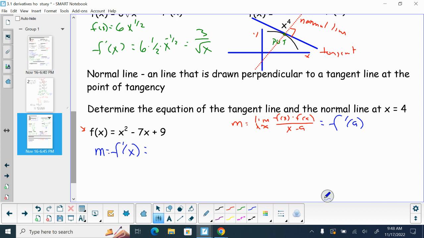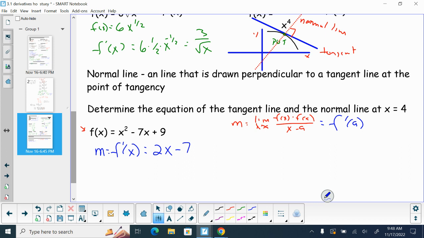What's the derivative of x squared minus 7x plus 9? Q? Use your exponent rule. 2x minus 7. That's our derivative.